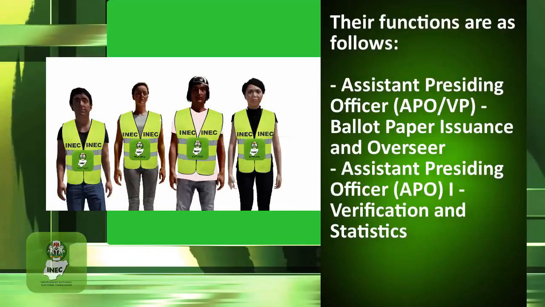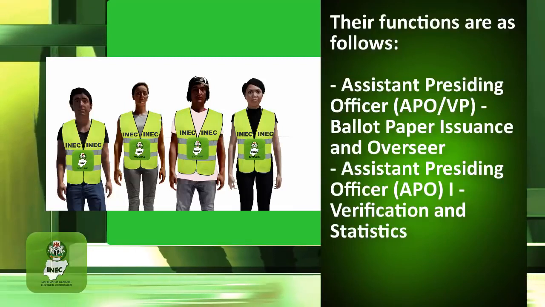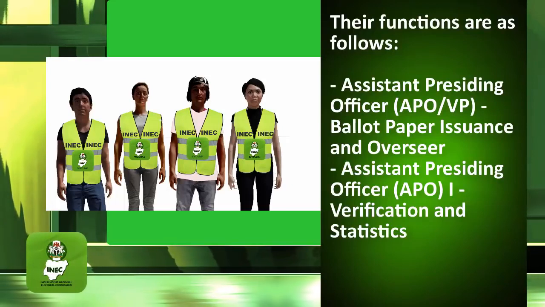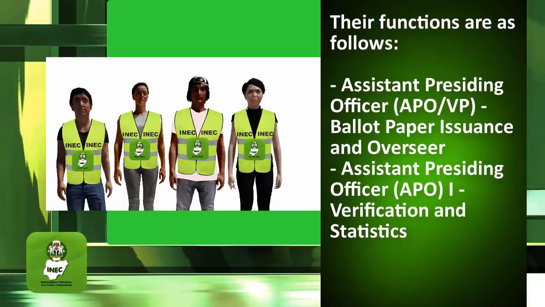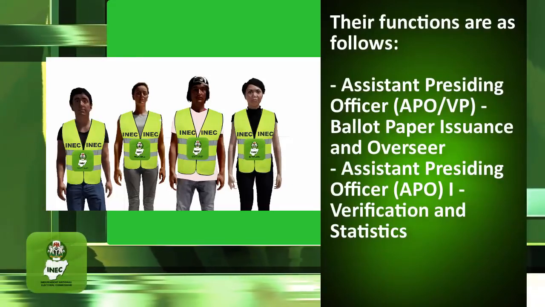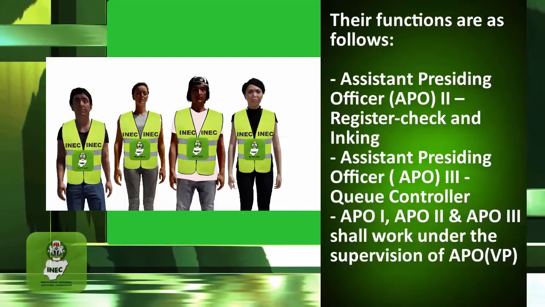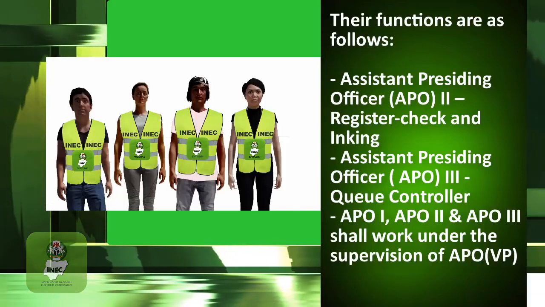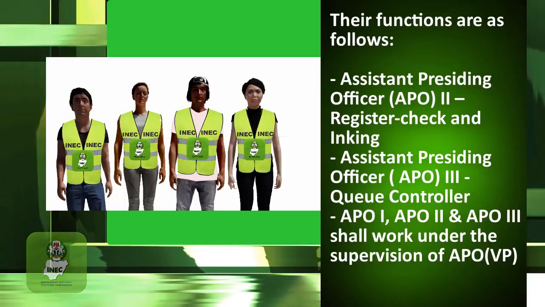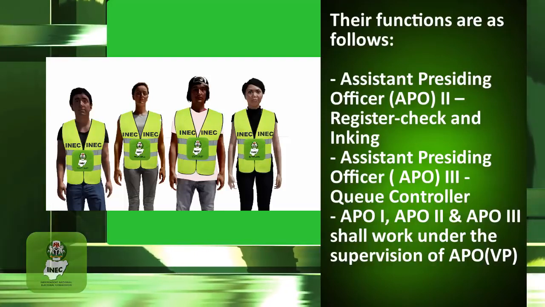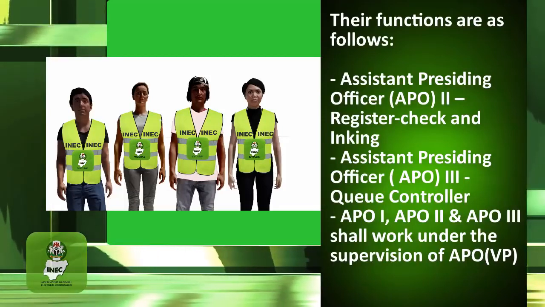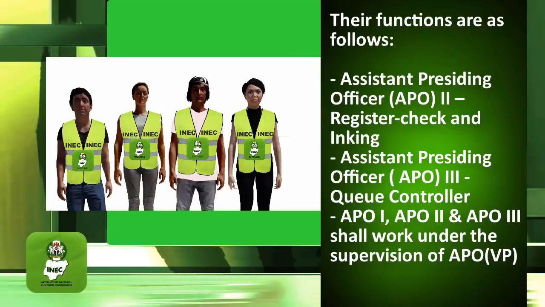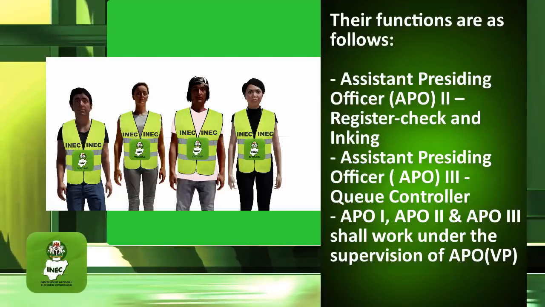Their functions are as follows: Assistant Presiding Officer (APO VP), Ballot Paper Issuance and Overseer; APO1, Verification and Statistics; APO2, Register, Check and Inking; APO3, Queue Controller. APO1, APO2 and APO3 shall work under the supervision of APO VP.